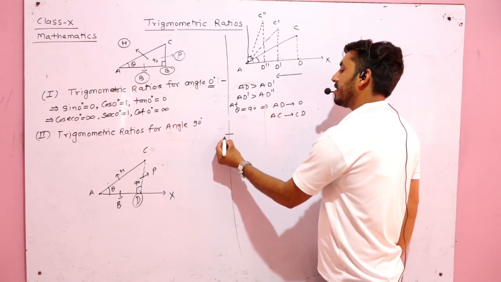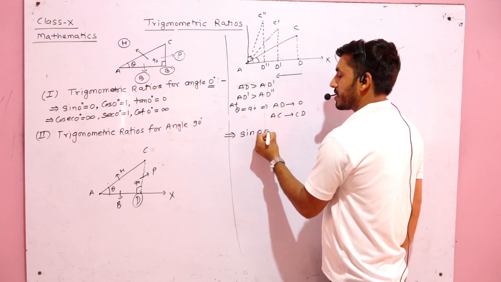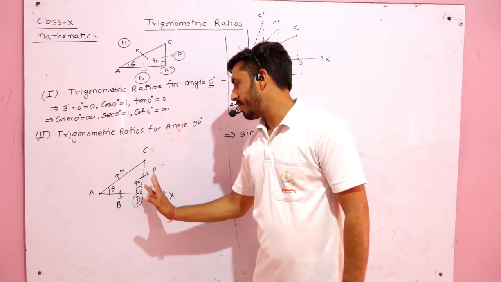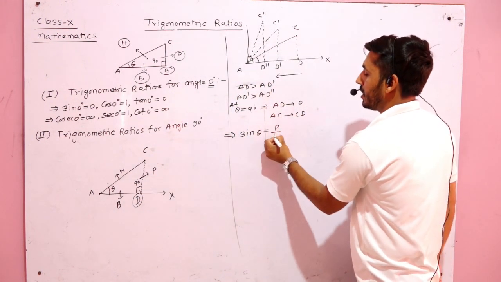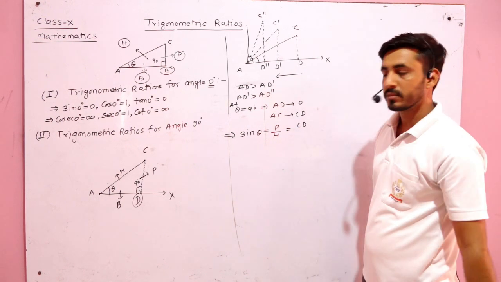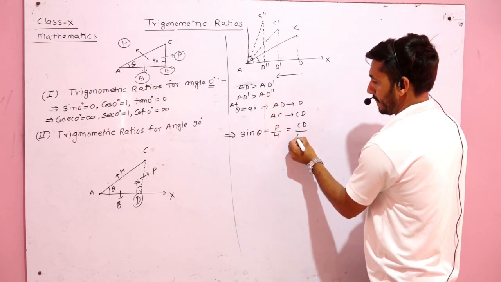Then the first result will be sine 90. Sine theta is given by perpendicular by h, it means P upon H. P is given by CD, and H is given by AC.